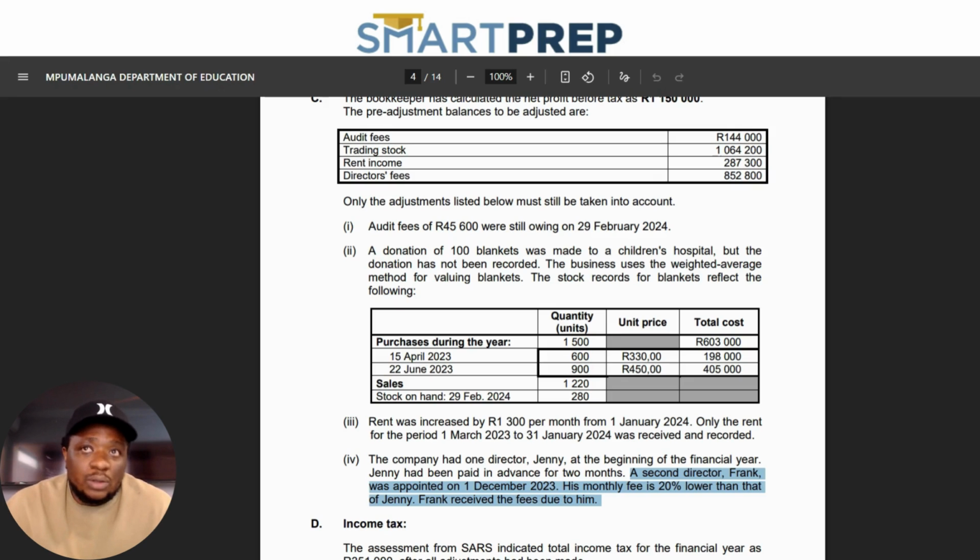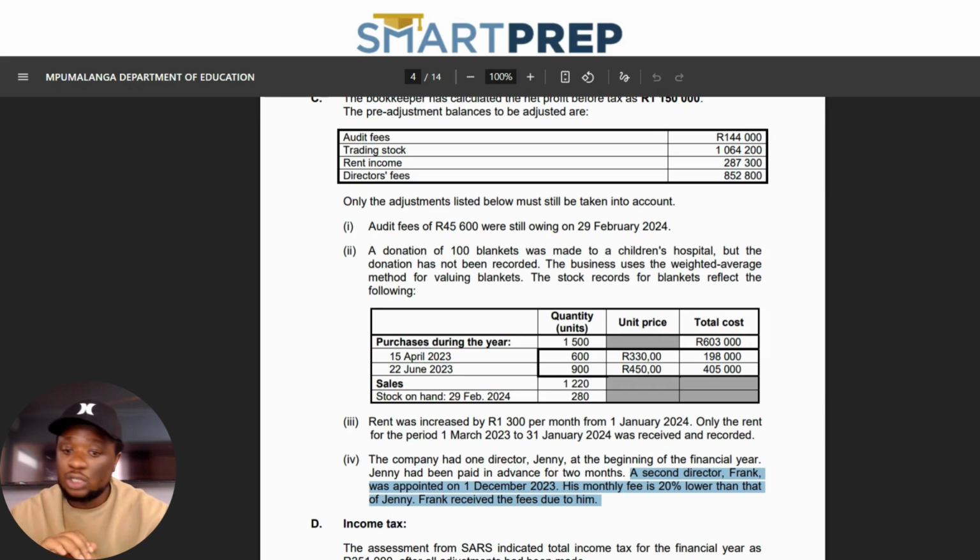So if we work that out, we have a situation where we need to reduce our directors' fees, and reducing directors' fees has a positive impact on net profit. So whatever amount we get here is an amount that we're going to be adding into these profits. Okay, cool.